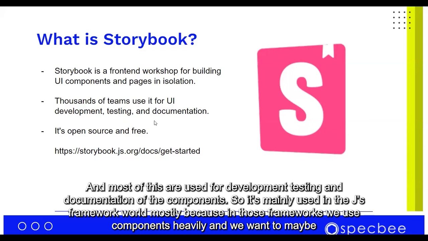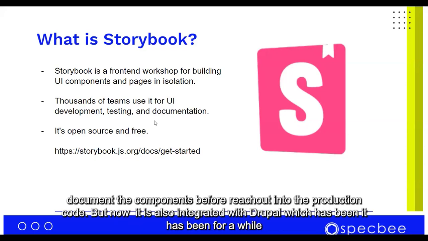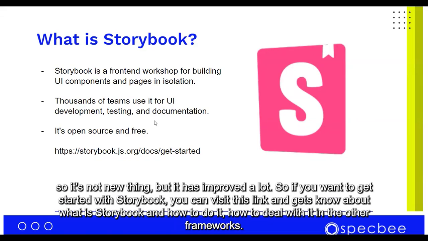It's mainly used in the JS framework world because in those frameworks we use components heavily, and we want to document the components before we jump into the production code. But now it is also integrated with Drupal, which has been for a while. So it's not a new thing, but it has improved a lot.